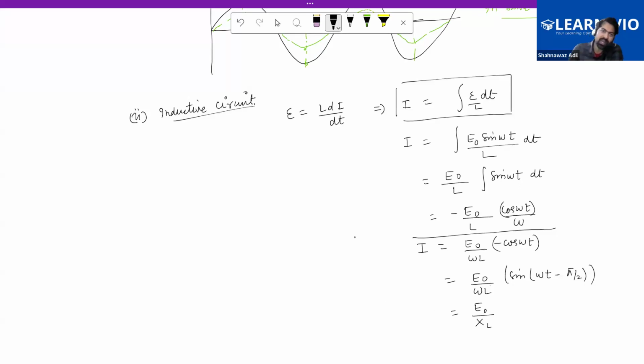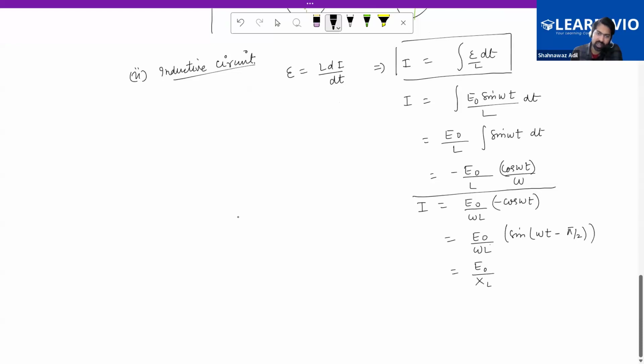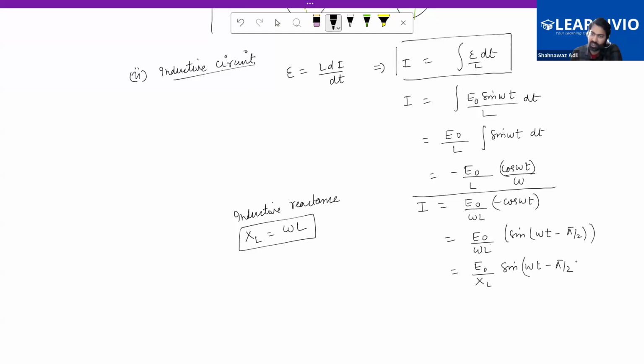So you have an inductive reactance, and this is what we call XL, which is omega L. And then you see that the current is lagging behind, by minus pi by 2.